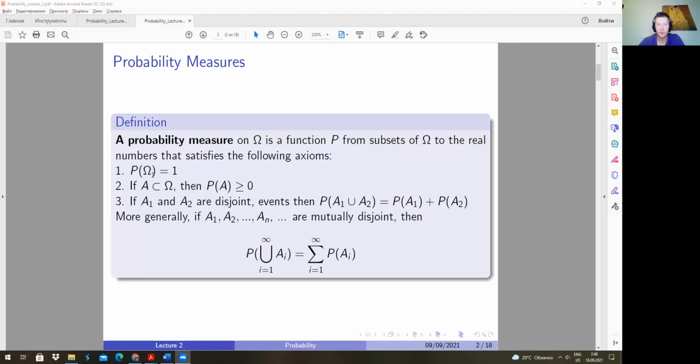First of all, the probability of the whole sample space should be equal to 1. The probability of any event in that sample space must be non-negative, either 0 or positive. And also we define that for two disjoint events, the probability of their union equals the sum of their probabilities.